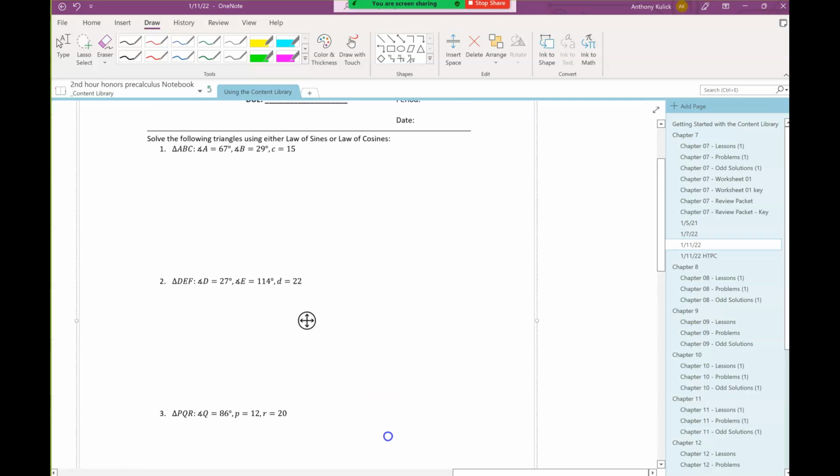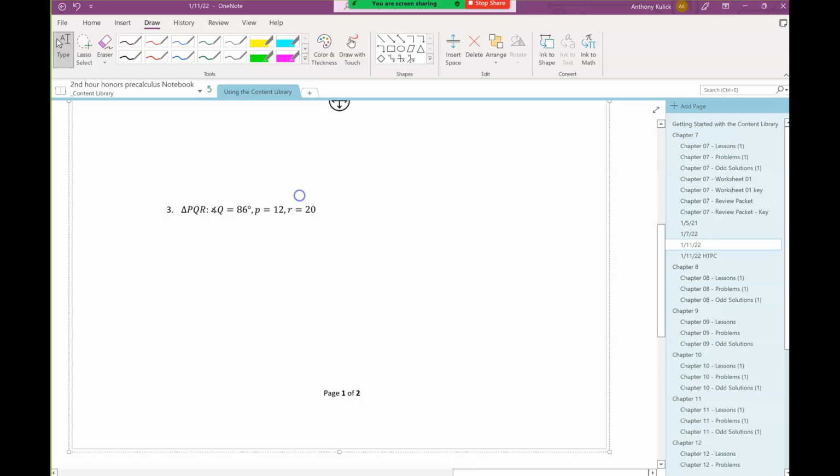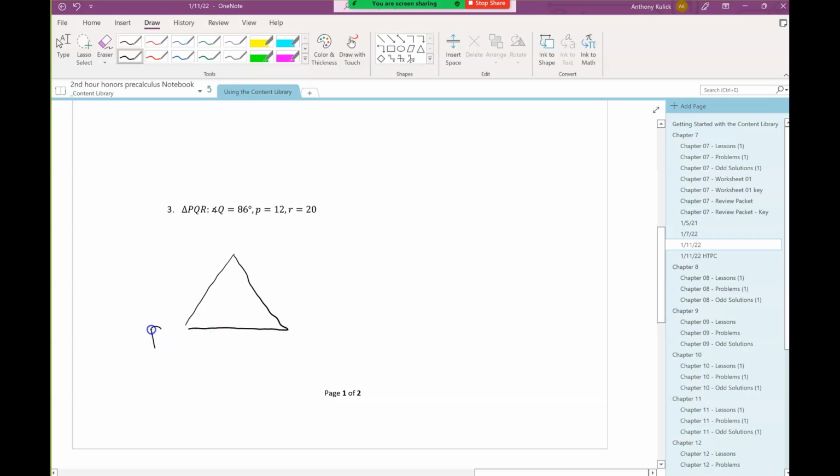Okay. It says basically we're just solving these. So I'm going to start by drawing my picture. If I look at my picture, which situation are we in?